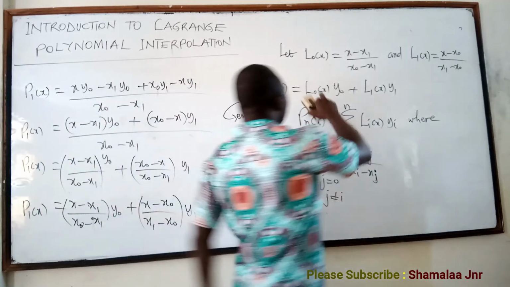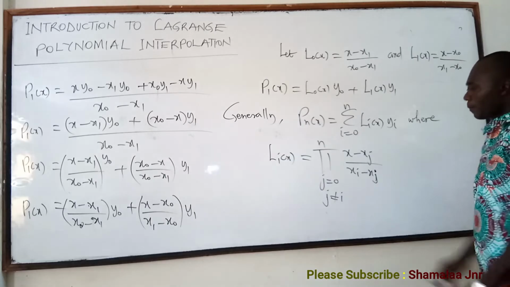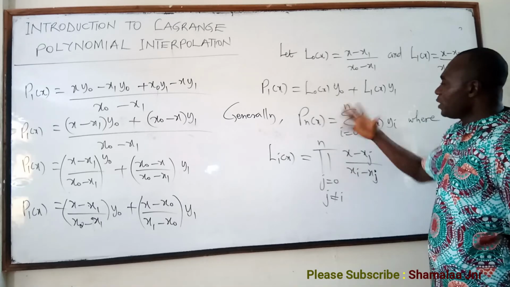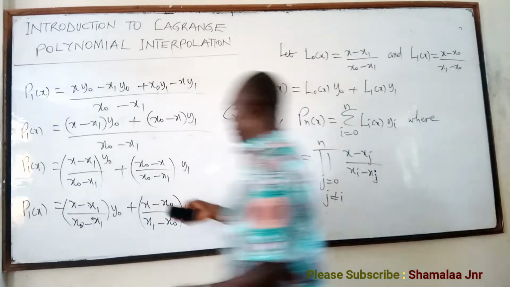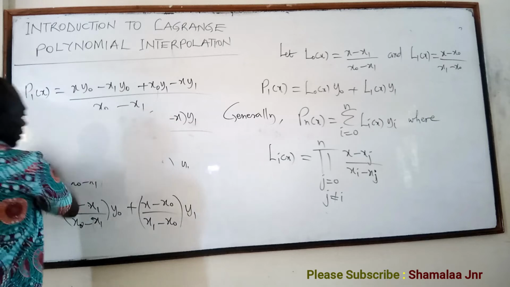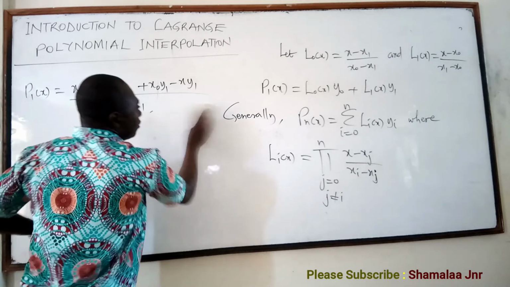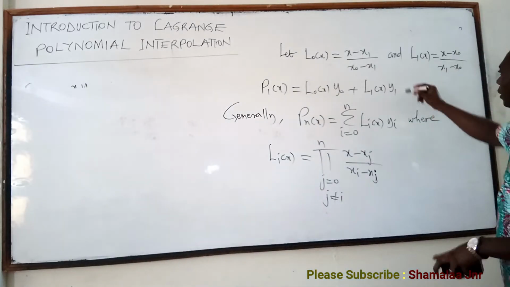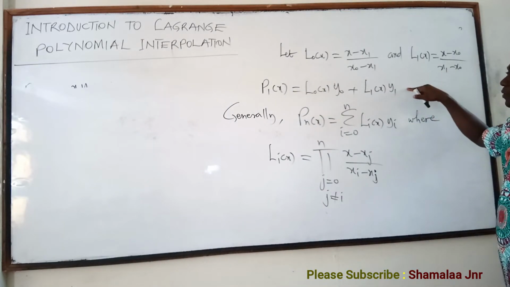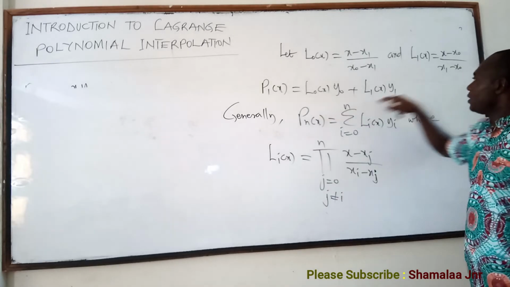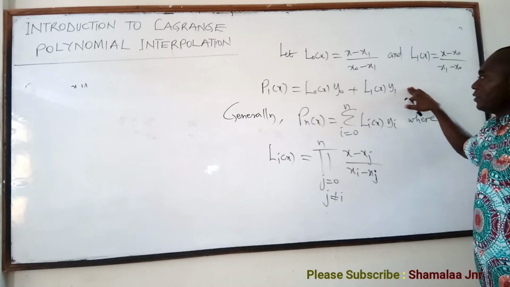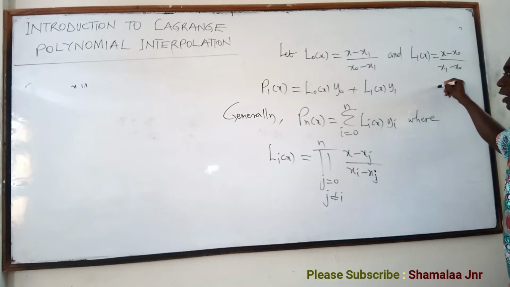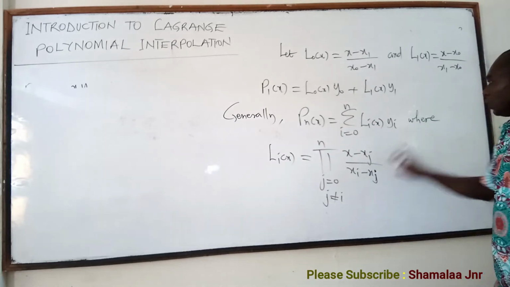So let me use the first one to explain. Now, you write it this way, and you call this one the Lagrange polynomial. Do you see it? The Lagrange begins with L, so Lagrange polynomial, this. And we are saying that generally this is true, and this is also true.